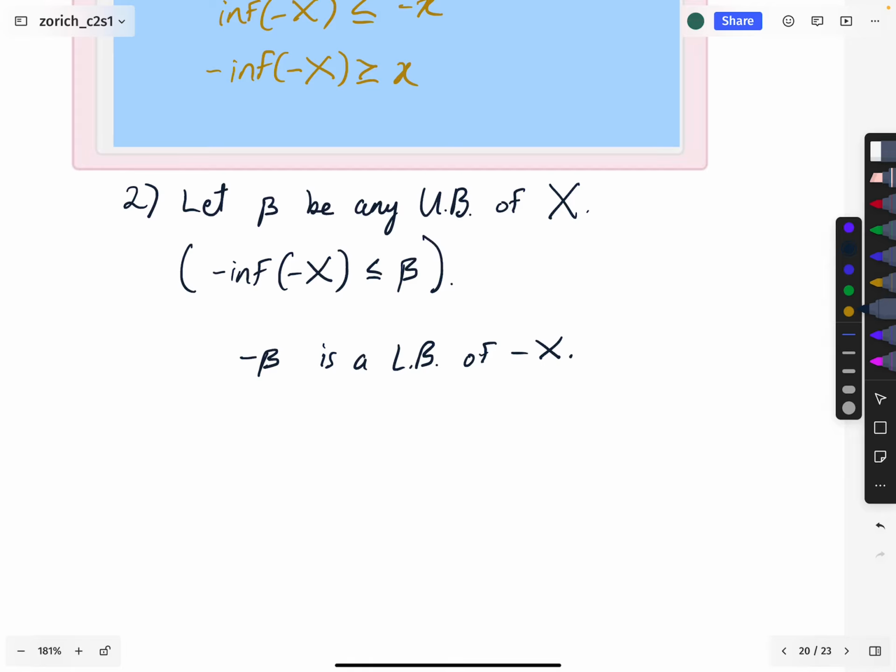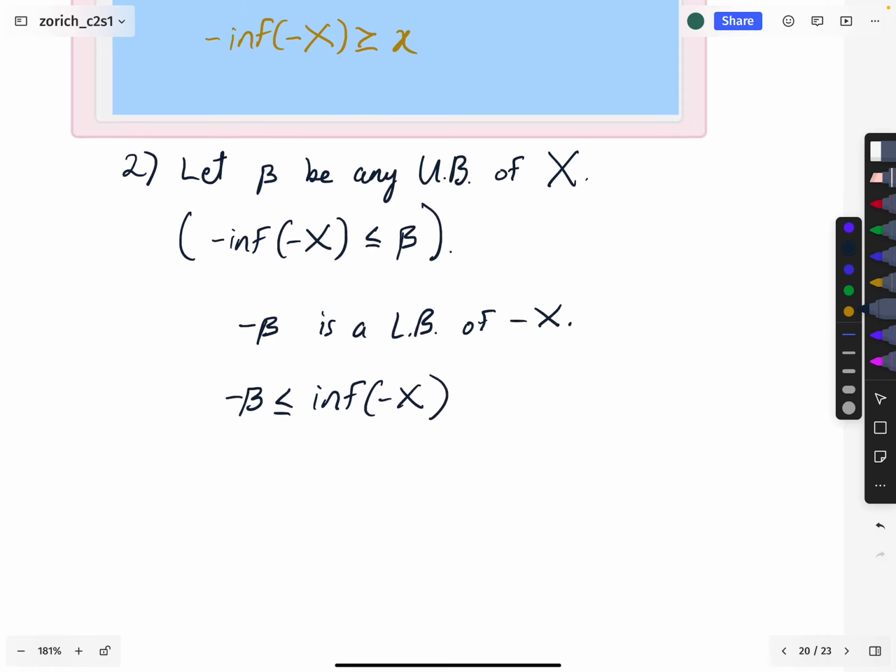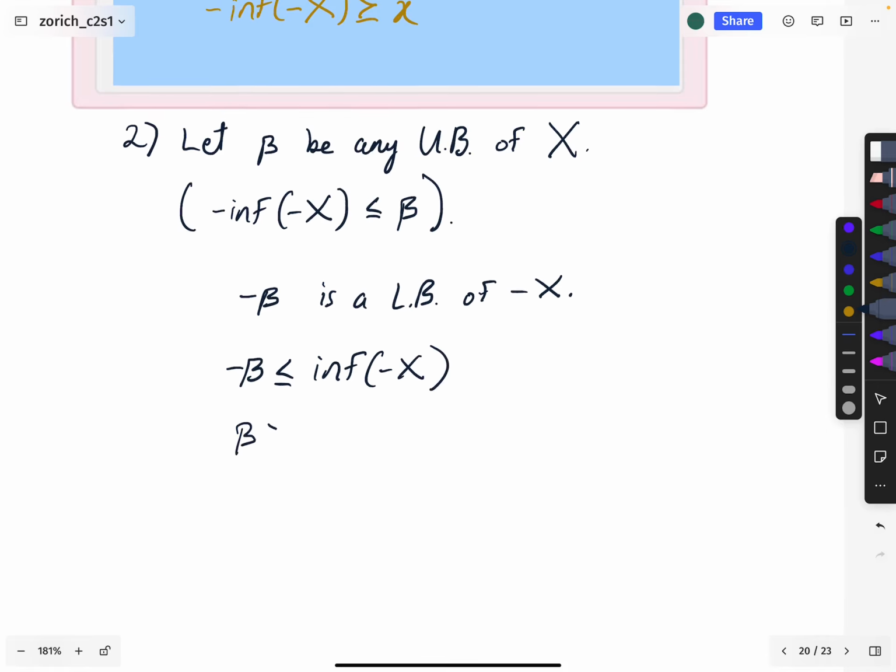Because the inf is the greatest of all of the lower bounds, we get negative beta is less than or equal to inf of negative X. Multiply throughout by -1, and we get beta is greater than or equal to negative inf negative X. And that is exactly what we wanted to prove.